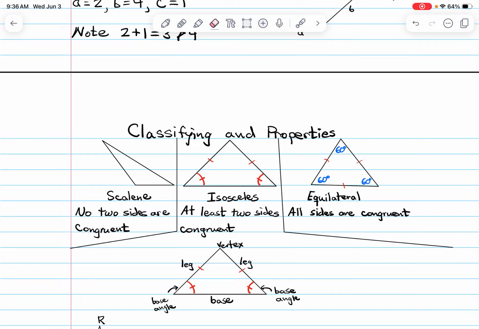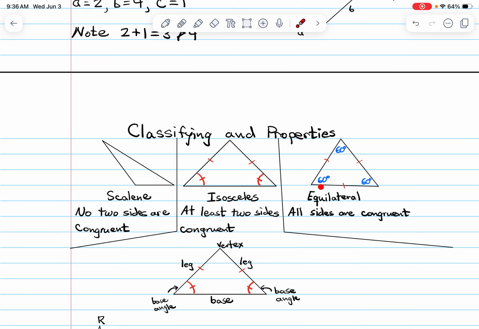If two sides are congruent, then two angles are congruent, because whenever you have congruent sides, like this one and this one, their opposite angles are also congruent. Since these sides are congruent, their opposite angles are congruent. That's a key point to remember.